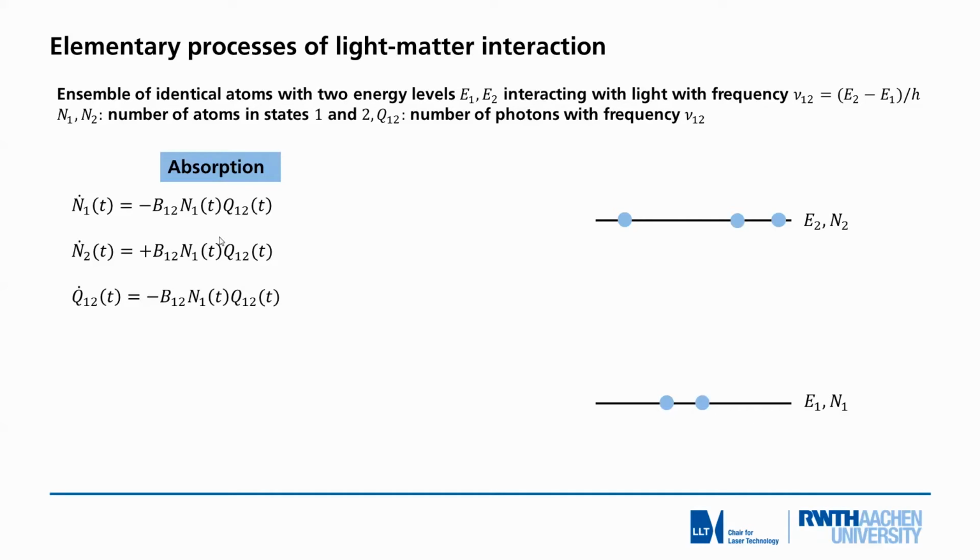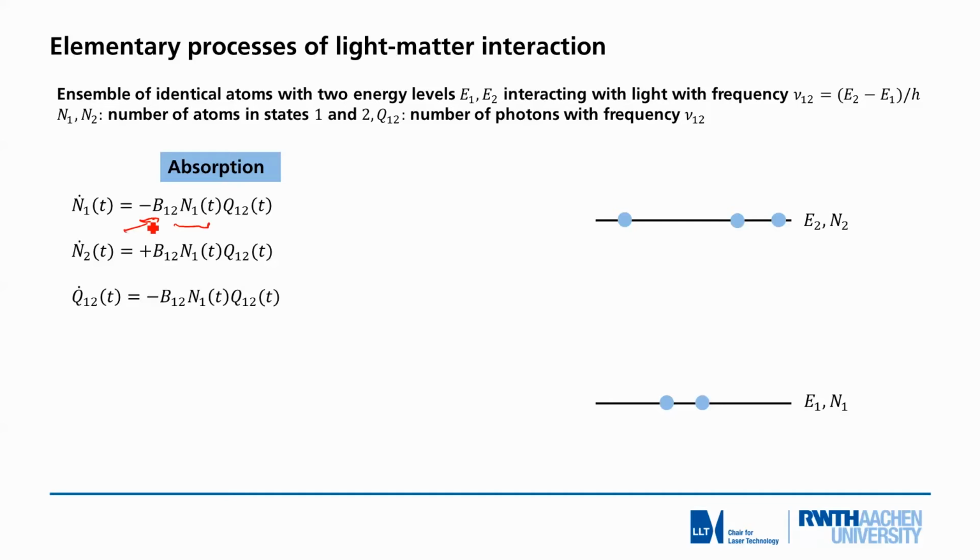And of course it will also depend on the number of atoms or molecules in that state. The factor B12, which you see here, actually takes care of the rate at which this happens. So it's something like the cross-section of the reaction, a rate constant as we also call it, which depends on the medium.